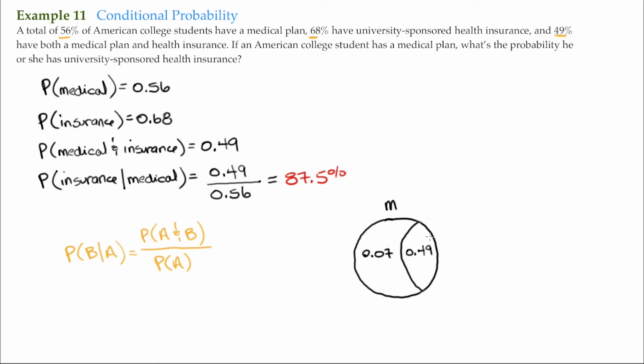So here is our medical plan, 49% and 7%, that's 56%. There it is right here and right here. So what part of the medical plan is the insurance? Well, that's this part right here. That's our 49%. And of course, this represents our 87.5%. And here we go.